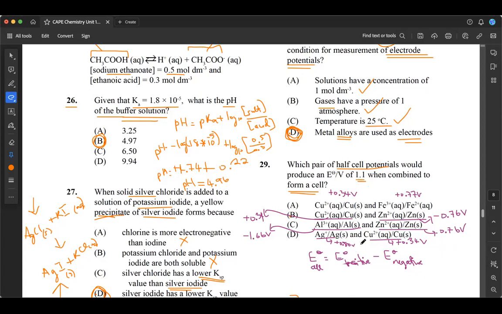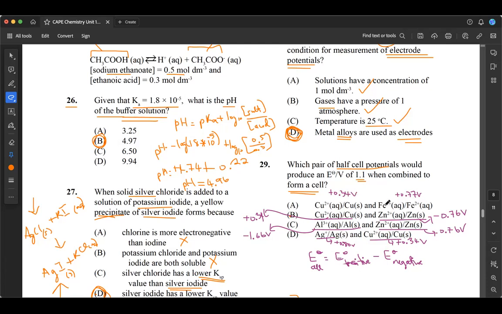And the easiest way to do that is to say that the cell potential is going to be equal to the electrode potential of the more positive half cell minus the electrode potential of the more negative one. So let's look at A. In the case of A, where we have this copper 2 plus and the Cu metal here, the standard electrode potential of that cell is 0.34 volts.